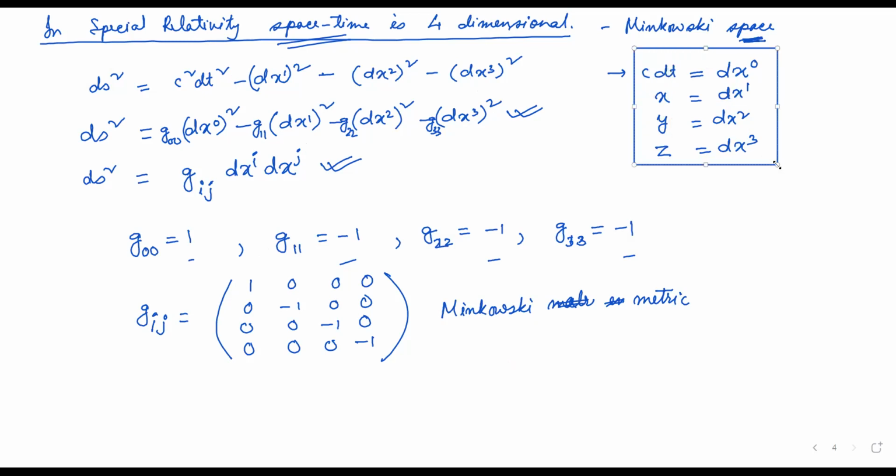This coordinate system is called the Galilean coordinate system, or Galilean coordinates, in the book Classical Theory of Fields by Landau and Lipschitz.